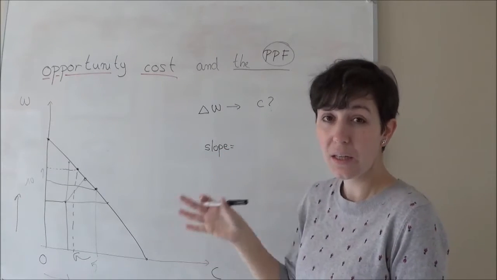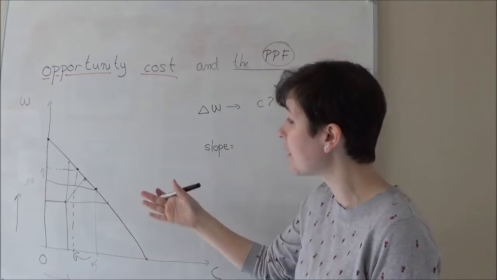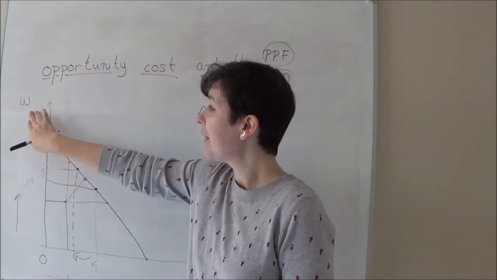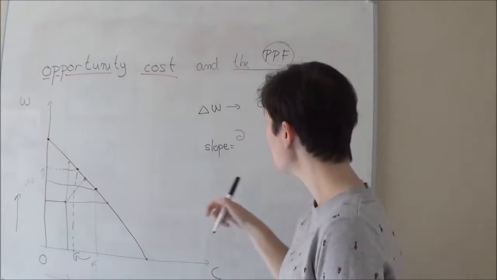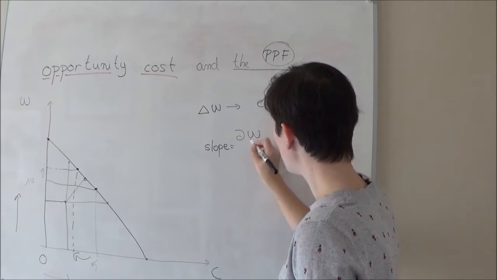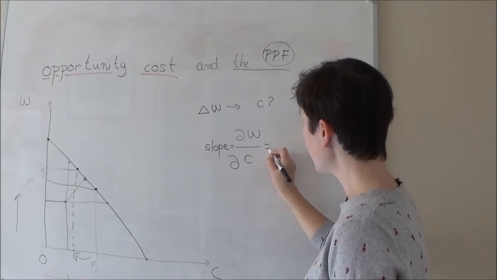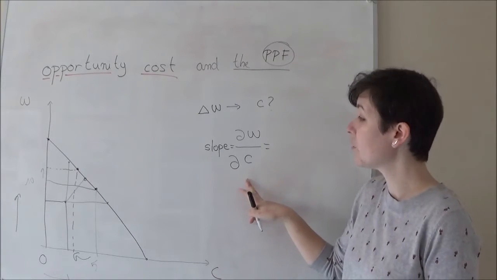But the derivative, the slope of this thing is going to be always the slope. The thing that the slope is telling us is how the variable that is here, always the variable that is here, is going to change when the other changes in 1 unit. Okay? In mathematical terms, in economics, we use this notation.